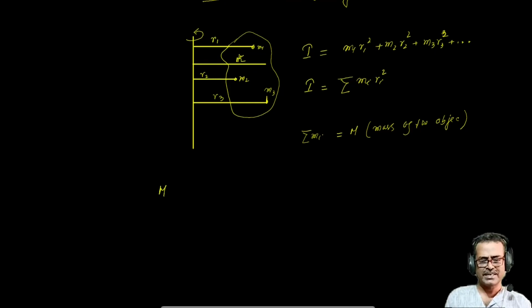So M k square is equal to sigma mi ri square.